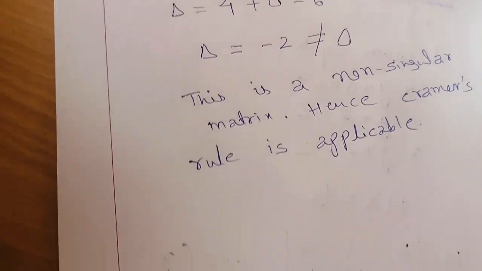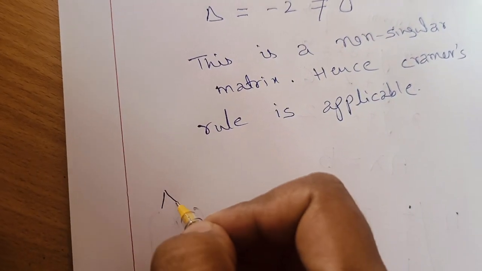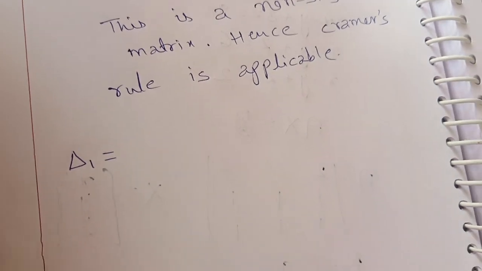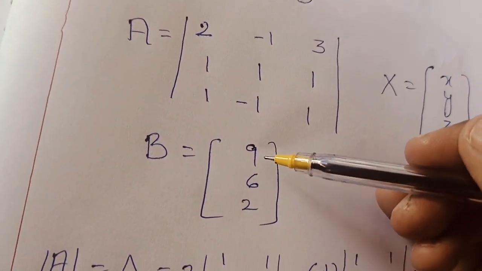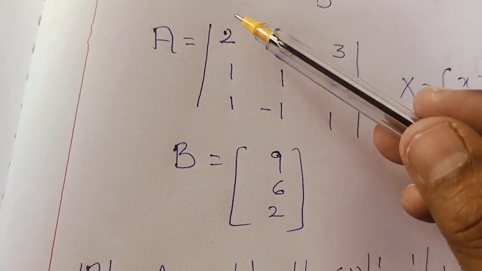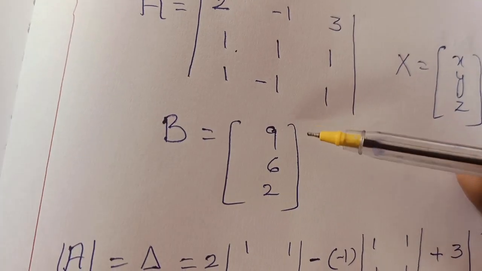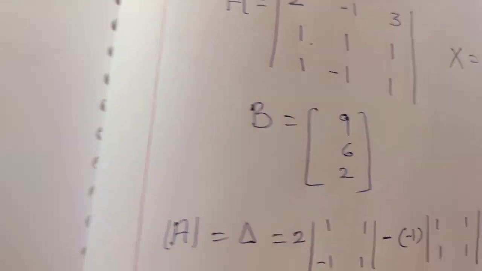Now we have to find delta 1. To get this determinant, here first column of matrix A is replaced by B value. Means in place of this 2, 1, 1 we will write 9, 6, 2.